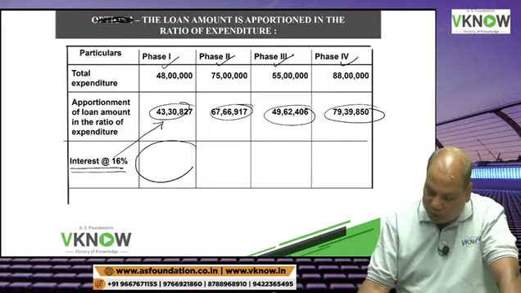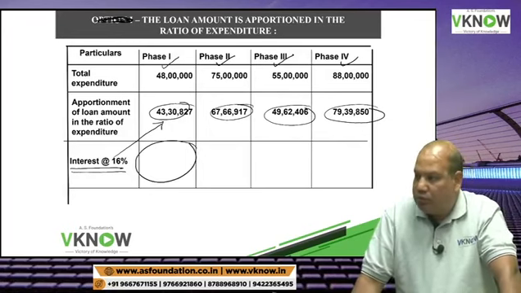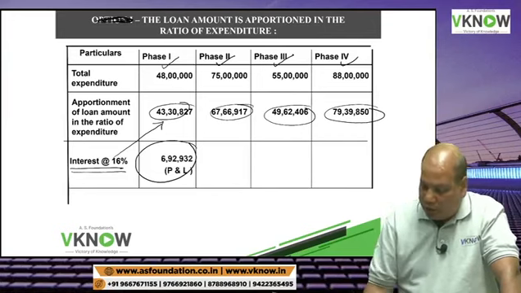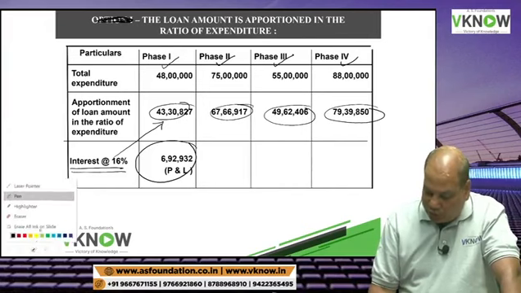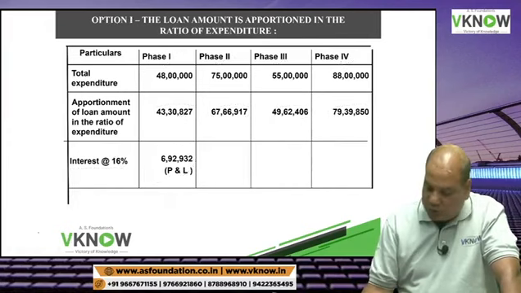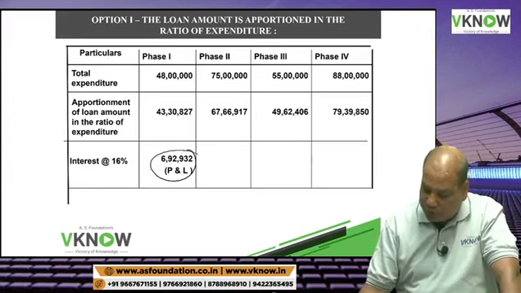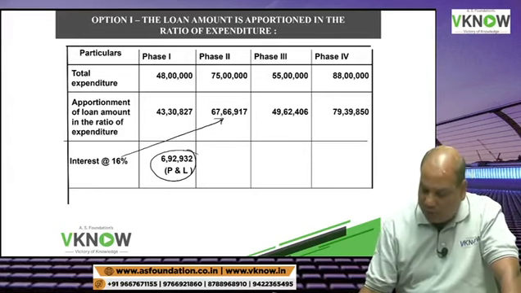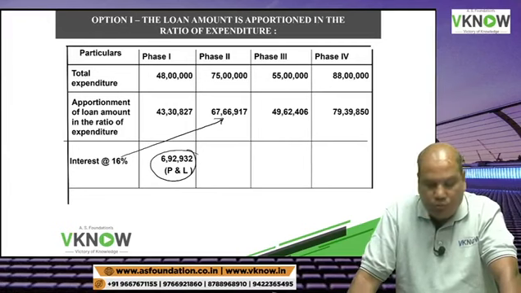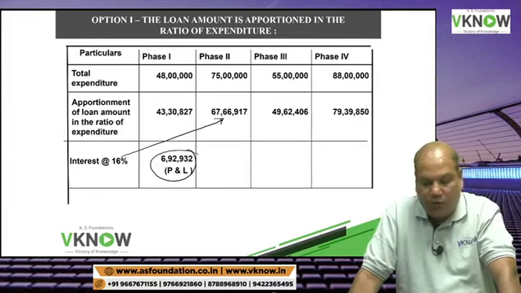How much will you write here? 16% will be 6,92,932. Correct? Similarly, now you multiply for phase 2: 16% of 67,66,917.